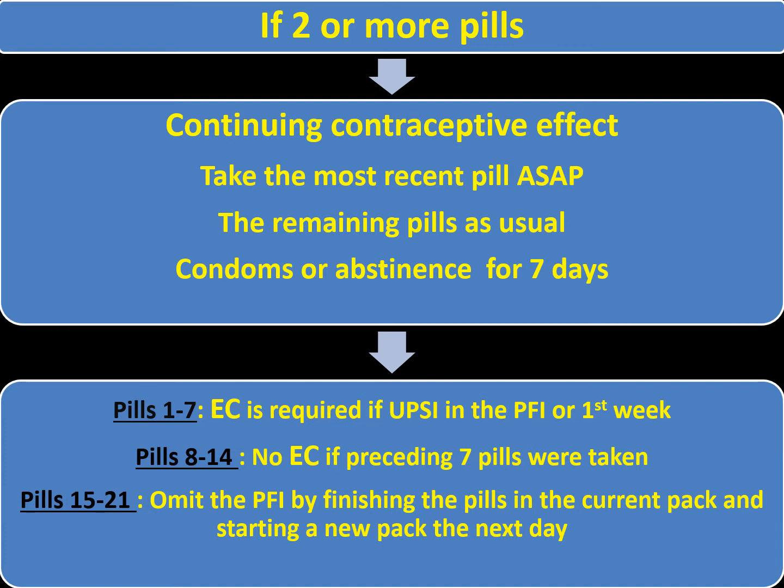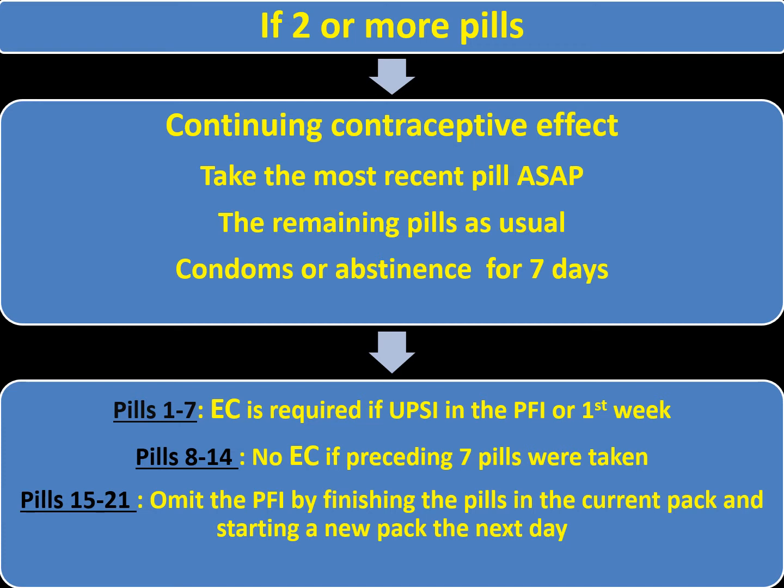In the second 7 days, with pills 8 to 14, no emergency contraception is required if the first 7 pills were taken. In the third week, pills 15 to 21, we do not need emergency contraception, but what we need is to omit the pill-free interval by finishing the pill in the current pack and starting a new one the next day.